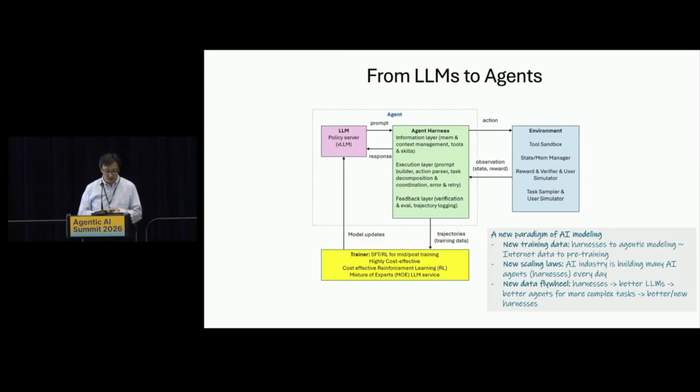It's the model trainer, where the generated trajectories are used to instill large language models' agentic capabilities by post-training and mid-training. Some of the most important training methods are reinforcement learning and its variations, such as on-policy distillation and reverse KL divergence algorithms.